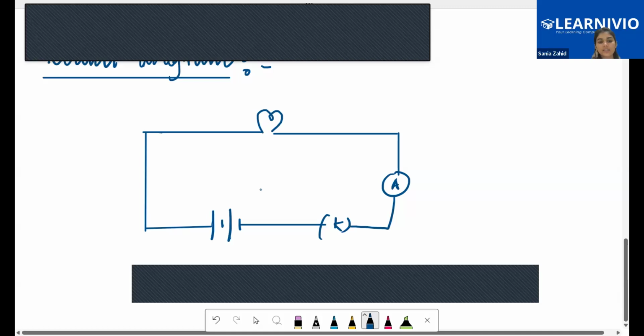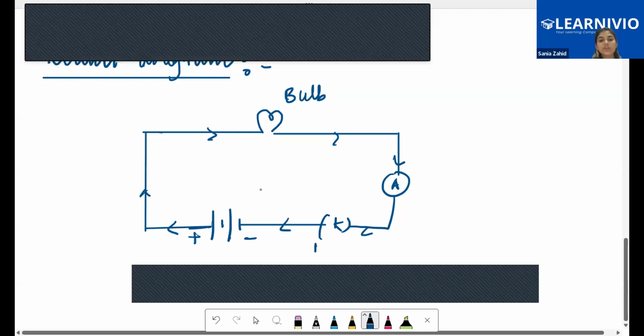Always remember that a battery has two terminals, a positive terminal and a negative terminal, and the current flows from the positive terminal to the negative terminal. So the current will start flowing from here, move all the way around, and enter back into the battery from the negative terminal. Okay, this is a bulb.